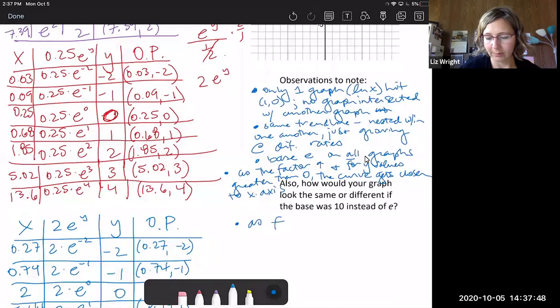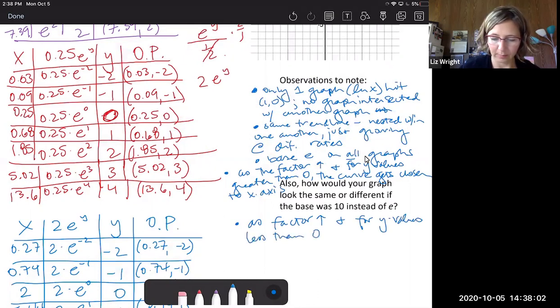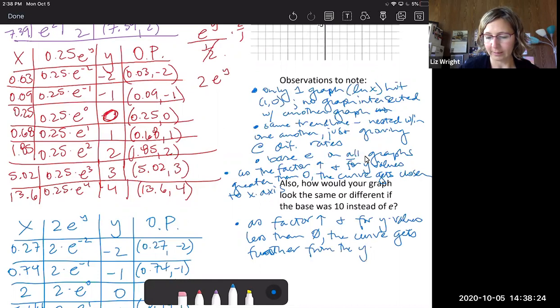As the factor increases, and for y values less than 0, the curve gets further from the y-axis. So this one actually goes up here.